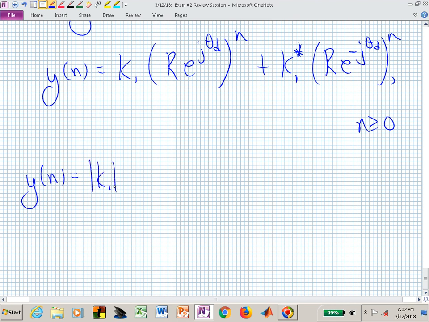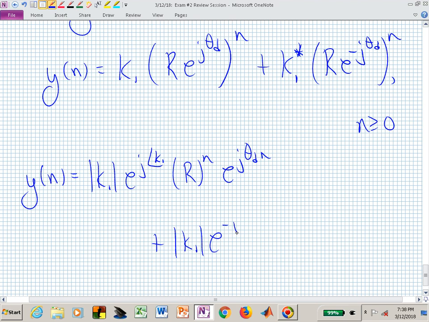So we have the magnitude of K1, e to the j, and I'm now going to say there is K1 in polar form, or in phasor form. K1 at an angle. The angle is e to the j at an angle of K1. R to the n, e to the j theta sub d n. That's the first piece. Plus the second piece, K1's magnitude is the same.